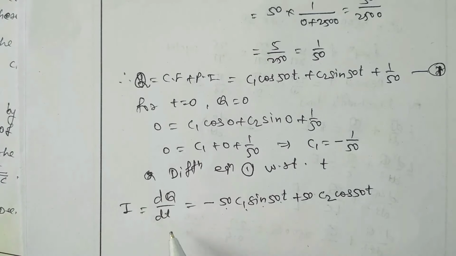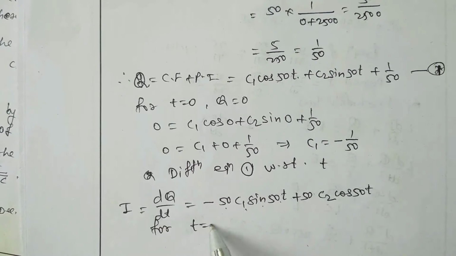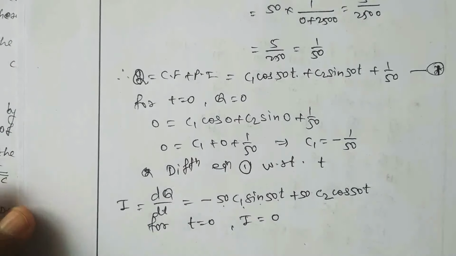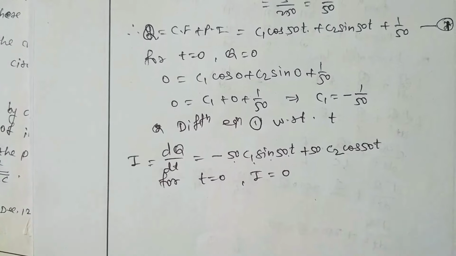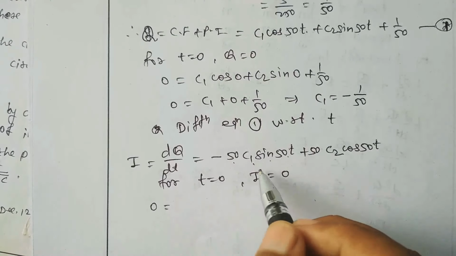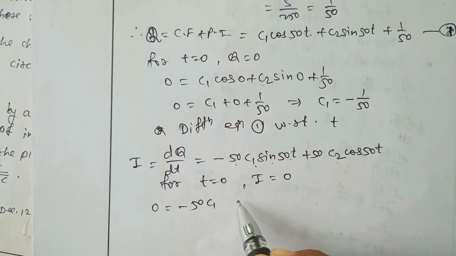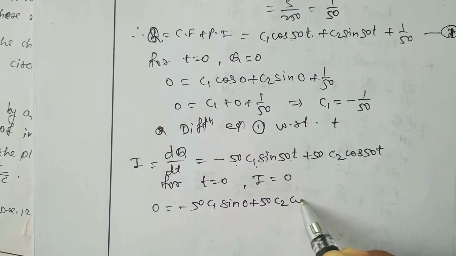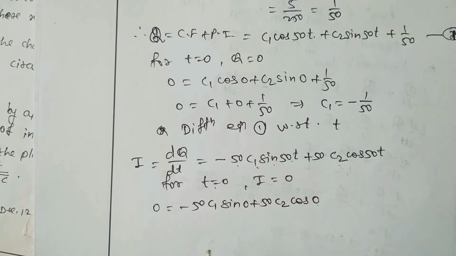Again, the second initial condition given is that for t equals 0, the value of current I is also 0. So by using this condition, we will get the left hand side as 0. The right hand side is minus 50 C1 sin 0 plus 50 C2 cos 0, since the value of t is 0.